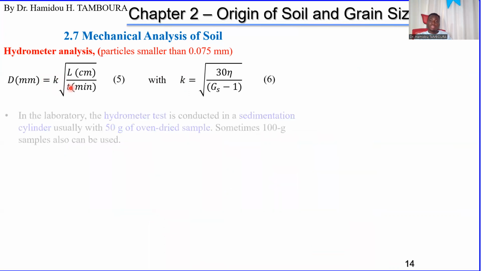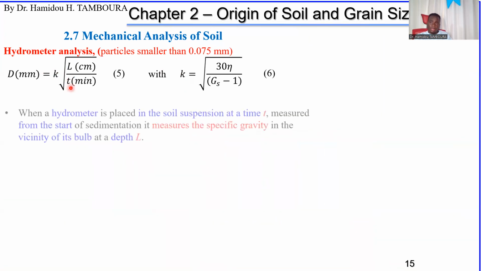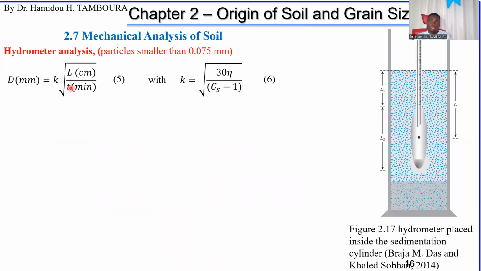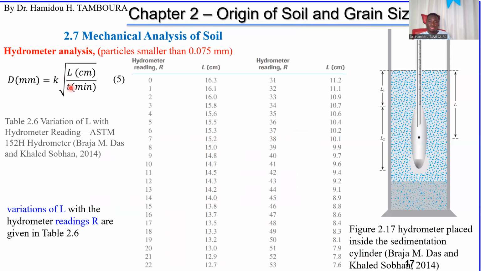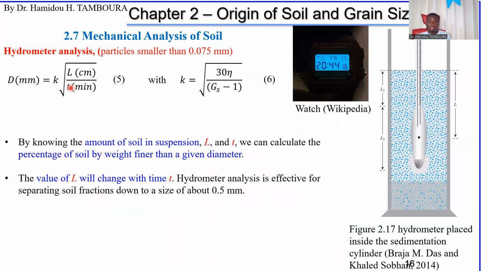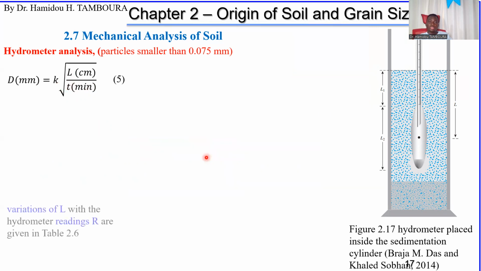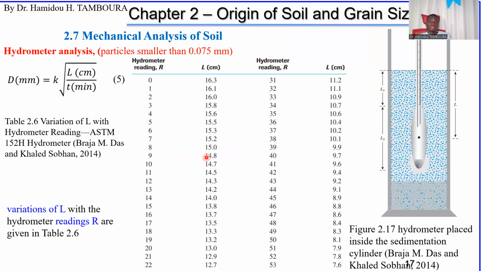If you want the T, you can use a chronometer, your watch, as I explained previously. So if you have T now, what is remaining is just L. The L also depends on the reading of the hydrometer, so you can obtain the L.